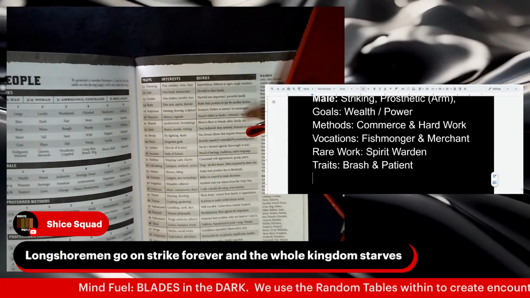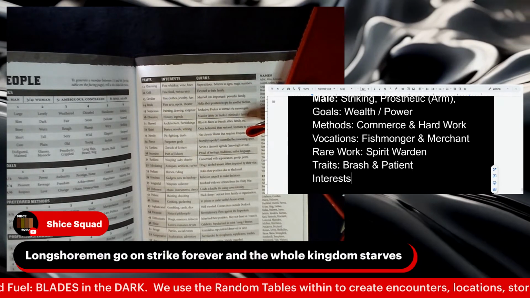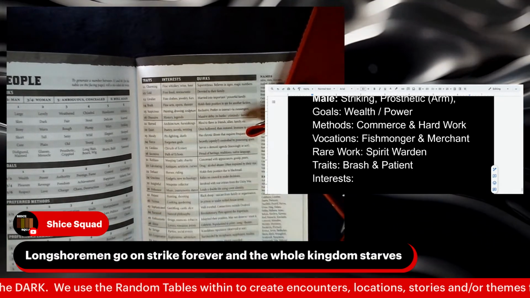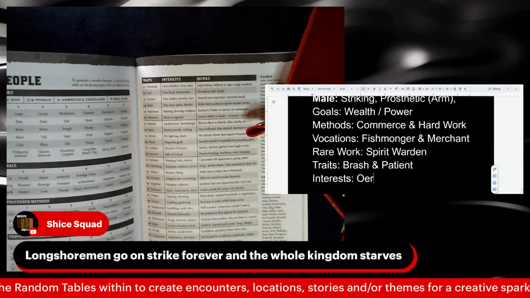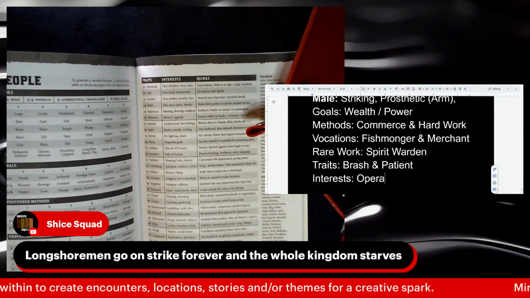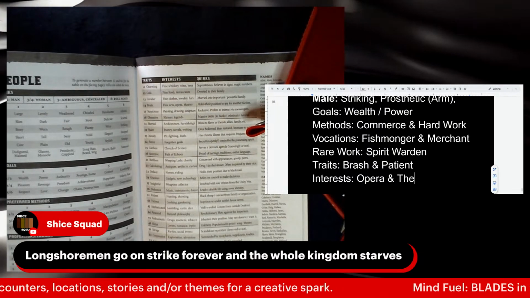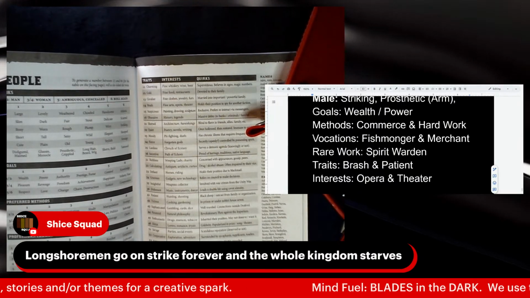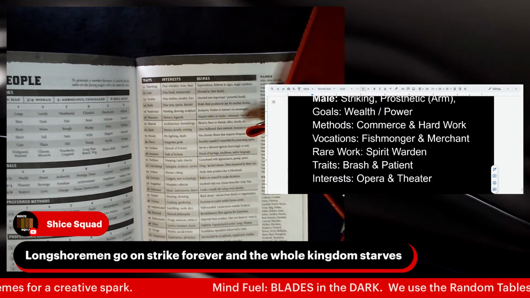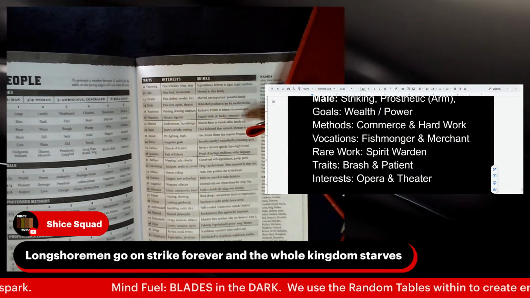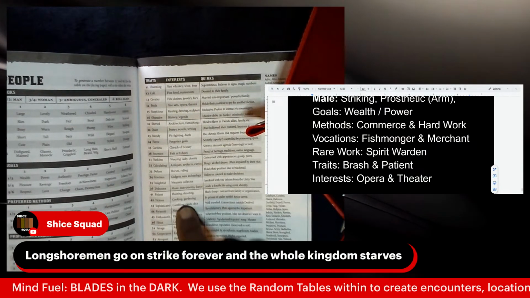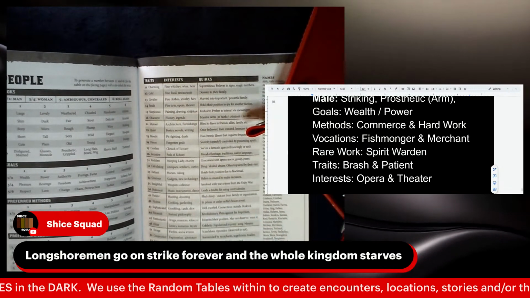And here we have interests. And under 14 we have fine arts, opera and theater, which is great. Great opportunity for the players to corner this person. But we also have under 41 hunting and shooting.